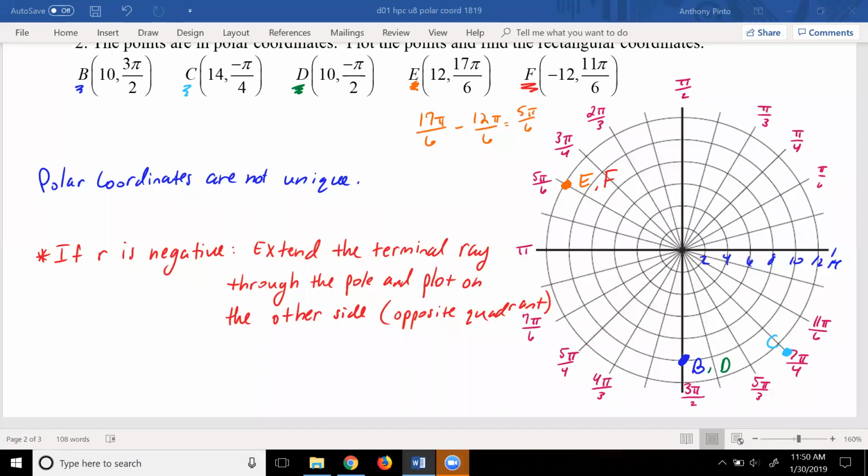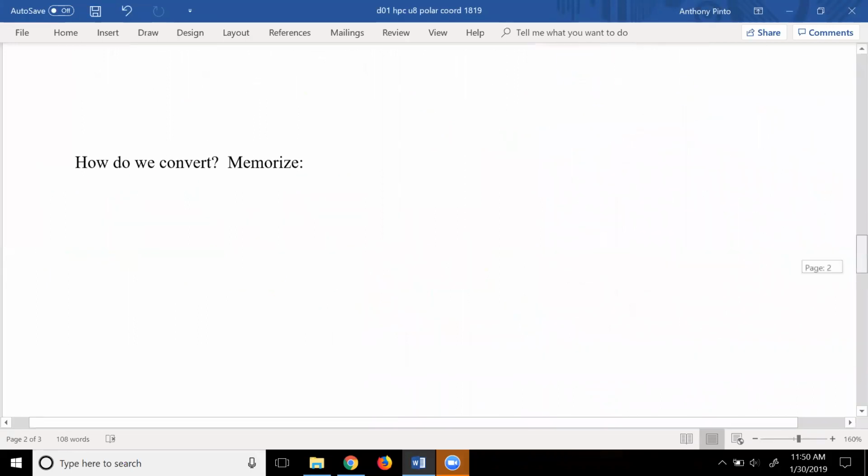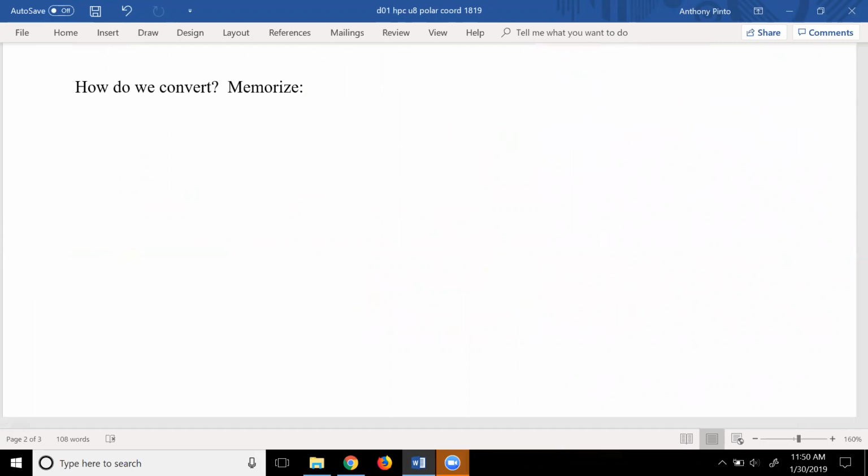All right, so let's talk about how we convert between polar and rectangular coordinates. This is something you're going to have to memorize. Fortunately, you already have this down, but I'll show you how to do it. So from polar to rectangular, if you think about it, you've got your r value and an angle, theta.